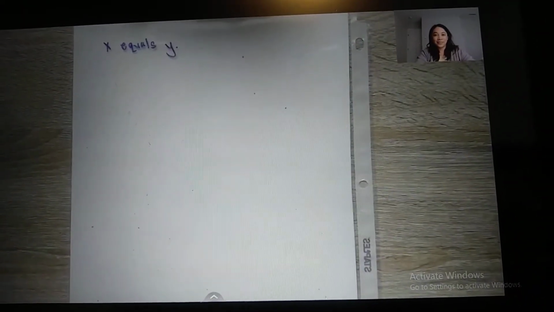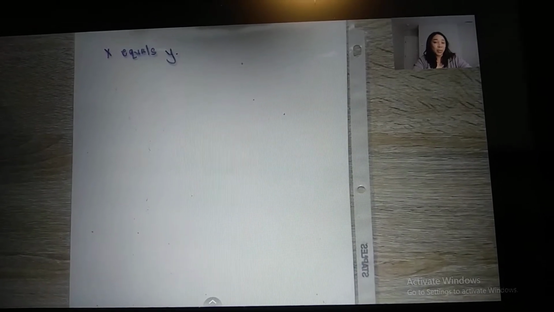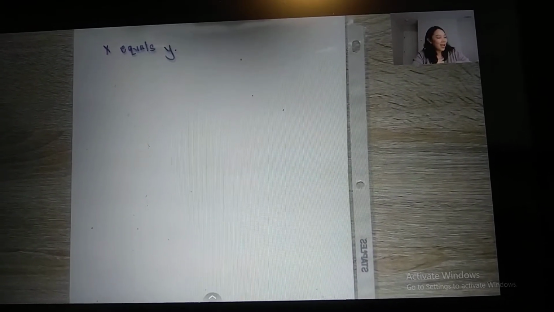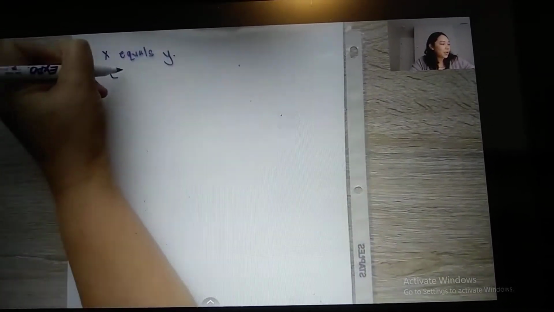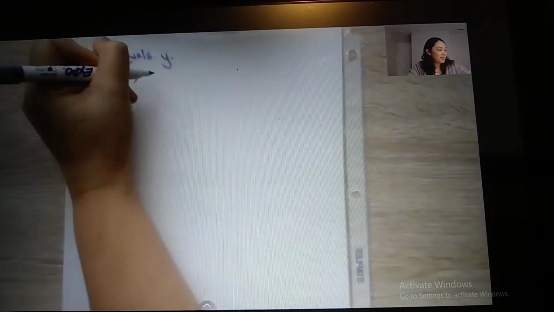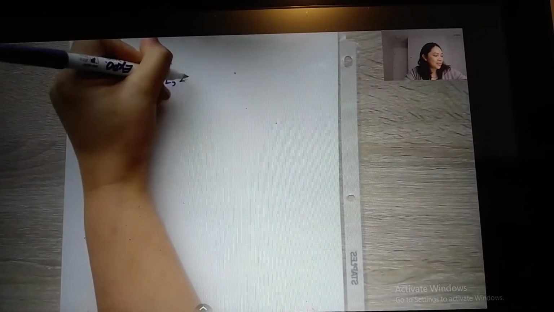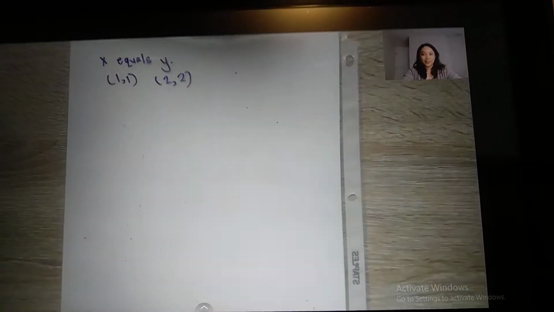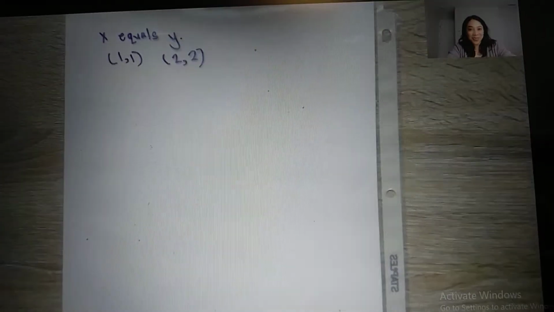Think of two coordinate pairs that would fall on that line. Did you come up with some coordinate pairs? I thought of a simple one, 1, 1, and the next one, 2, 2. Ready for the next rule?